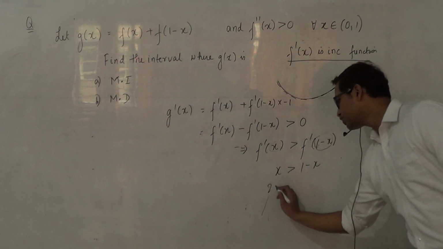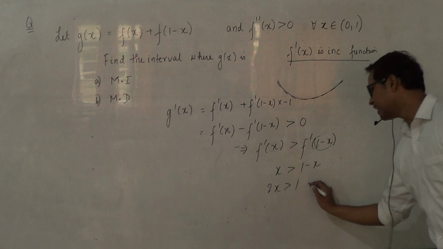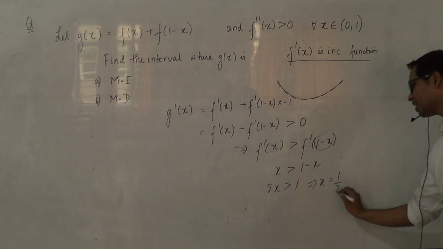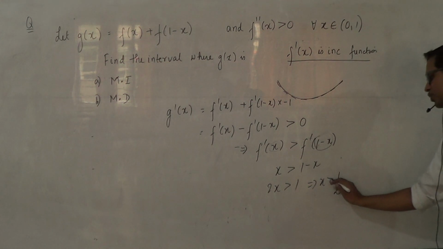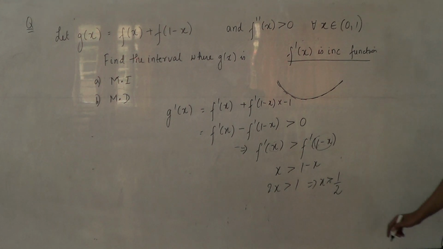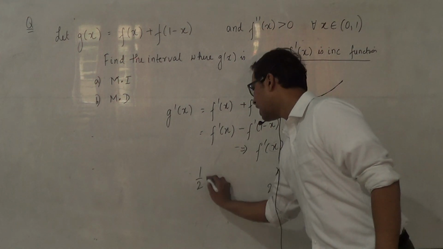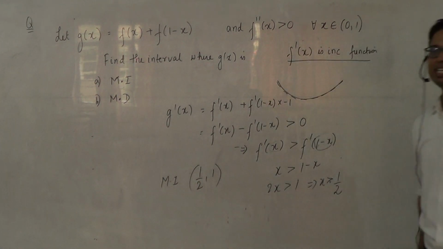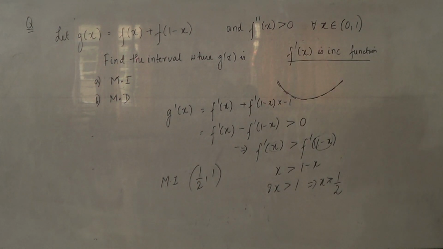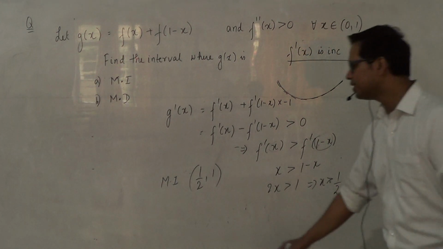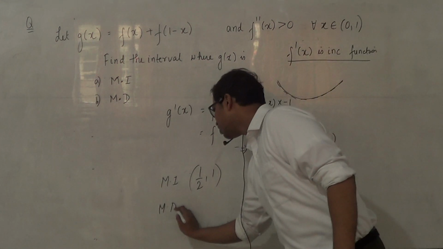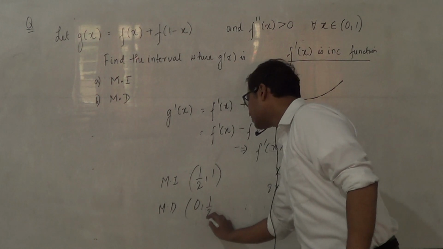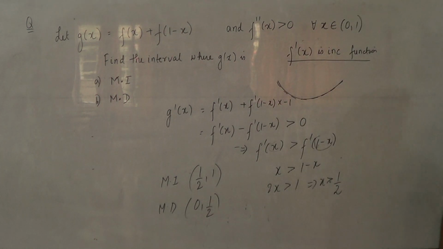That means 2x should be greater than 1, so x should be greater than 1 by 2. That means from half to 1 the function is monotonically increasing. So can I say it will be monotonically decreasing for the interval 0 to half? Yes or no?